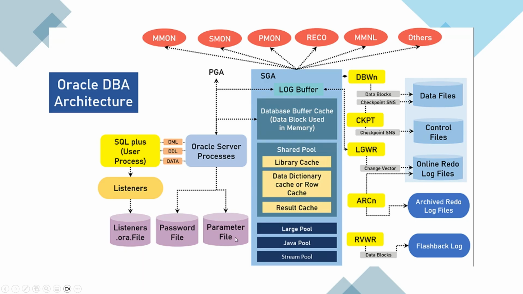This parameter file will have all the memory structure allocation details. There are two types: SPFILE or PFILE. SPFILE is a binary file and PFILE is a human readable file. So we can read all the allocations in the PFILE. SPFILE you cannot read.